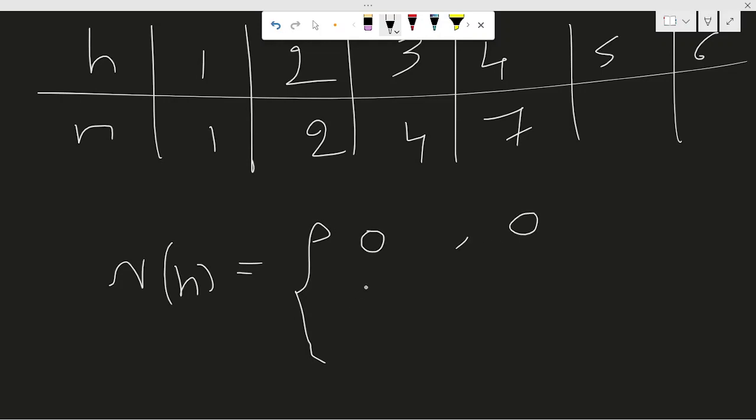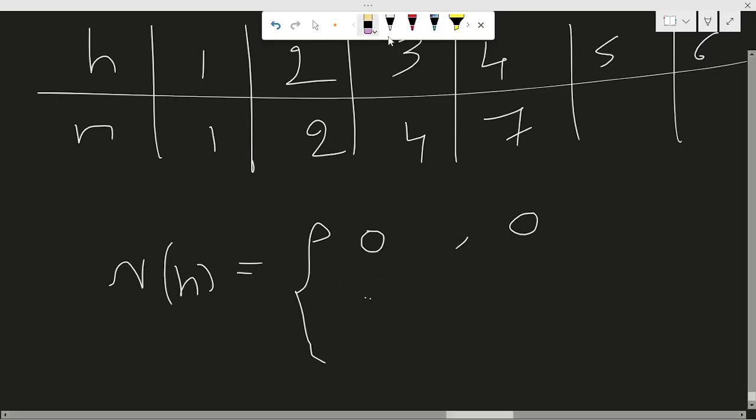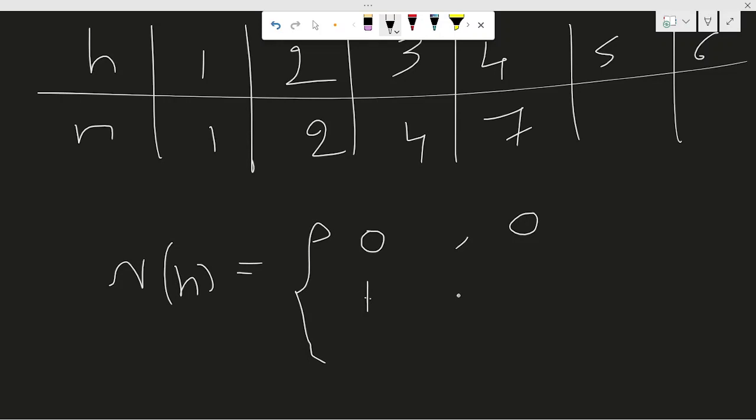And to make height of 1, how many nodes? So in order to reach height 1, here what I am talking about is height. I'm starting from which height? 1. So for height 1, I require one node.